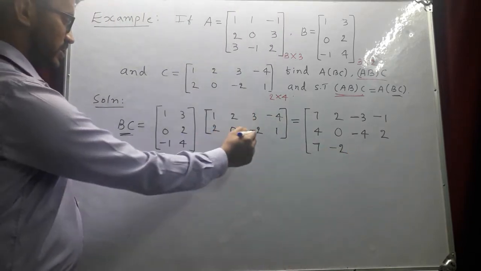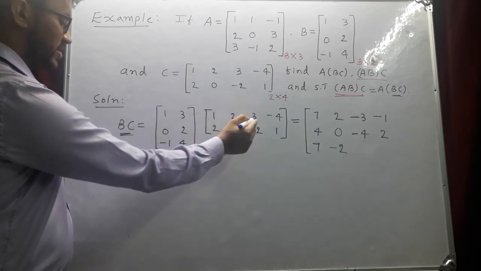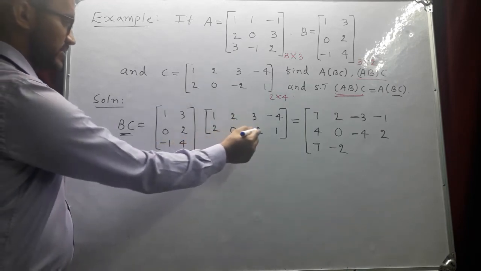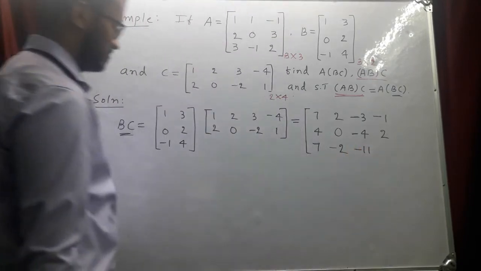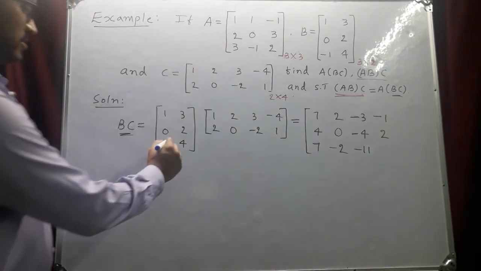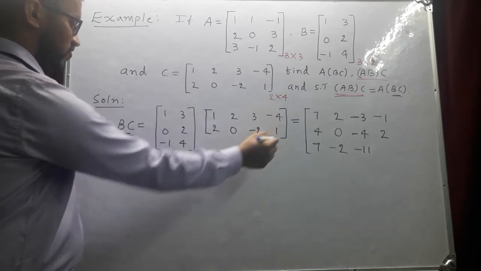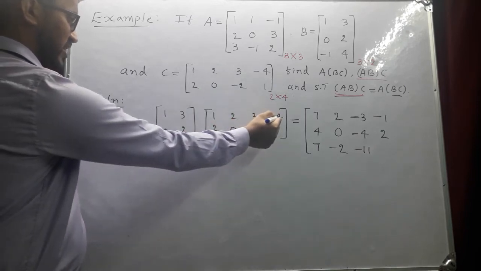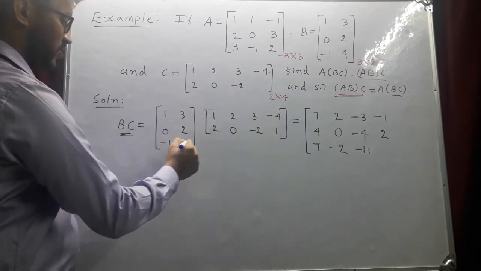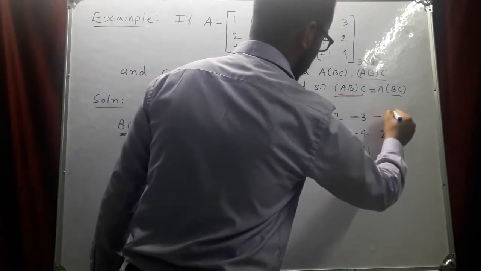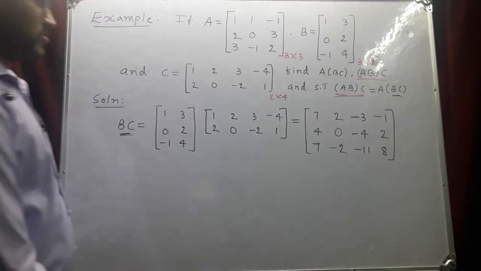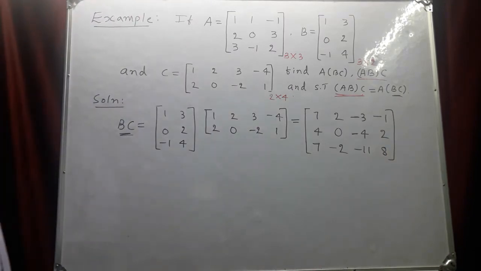This into this, minus 3 minus 8, that is minus 11. Third row, fourth column, minus 1 into minus 4, that is 4, 4 plus 4, we get 8. So we obtained the product BC.